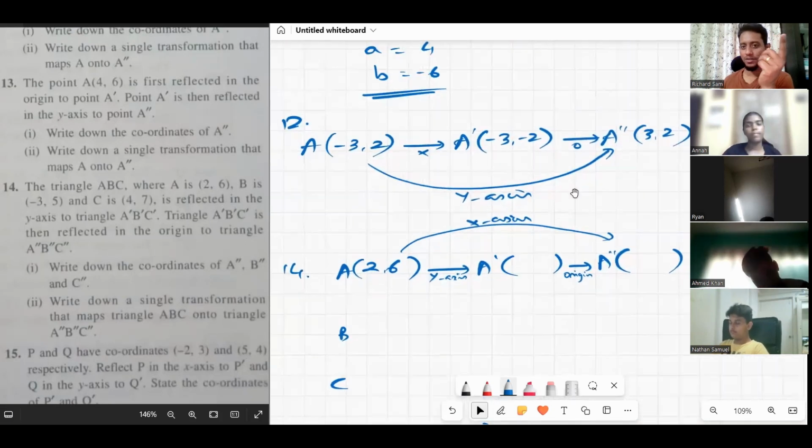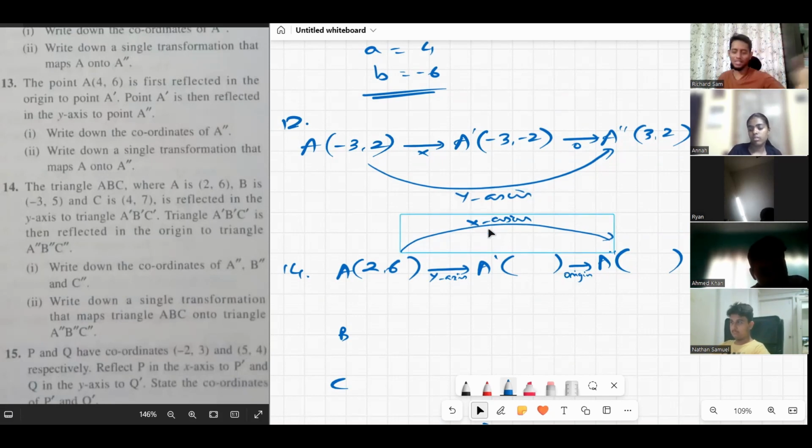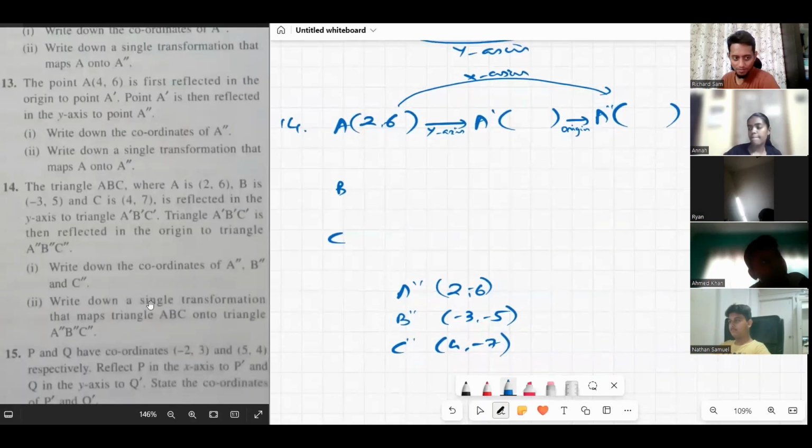See in the previous one how it was? First reflection on the x and then second on the origin. So the total reflection was on the y-axis. So the pattern XO is Y, and here YO is X. Notice that? Not important to notice, but if you notice, you notice it. Right, so this is your final answer for the first one.